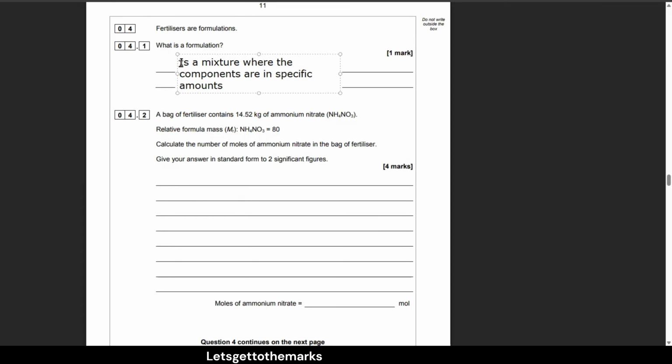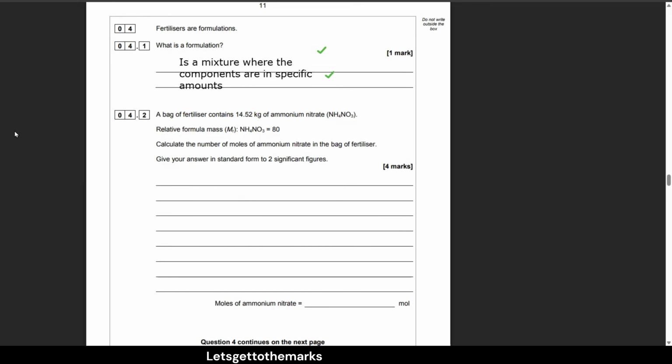So if you're making a toothpaste, you might need a certain amount of calcium carbonate, a certain amount of fluoride, a certain amount of water, and you have to mix them in that exact amount. So that is a formulation.